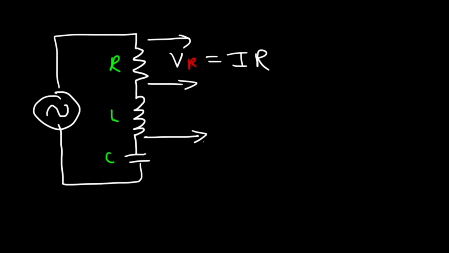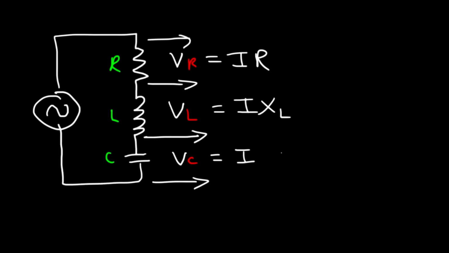The voltage across the inductor, this is known as VL, and it's equal to the current times the inductive reactance. And the voltage across the capacitor, VC, that's going to be equal to the current in the circuit times the capacitive reactance. Now, if you want to find the current that flows in the circuit, the current is going to be the voltage divided by the impedance, Z.